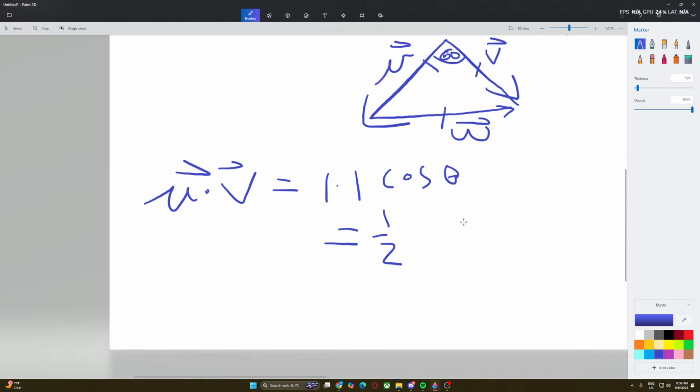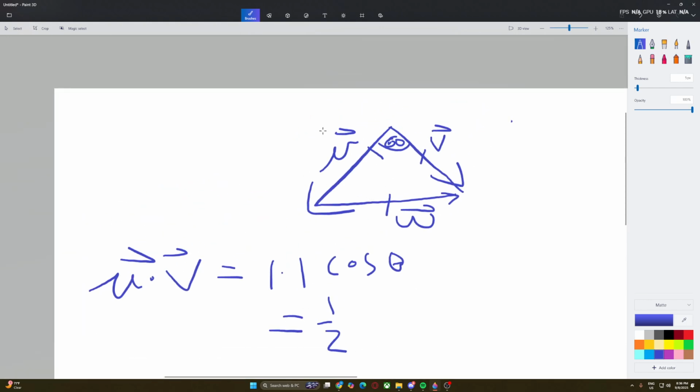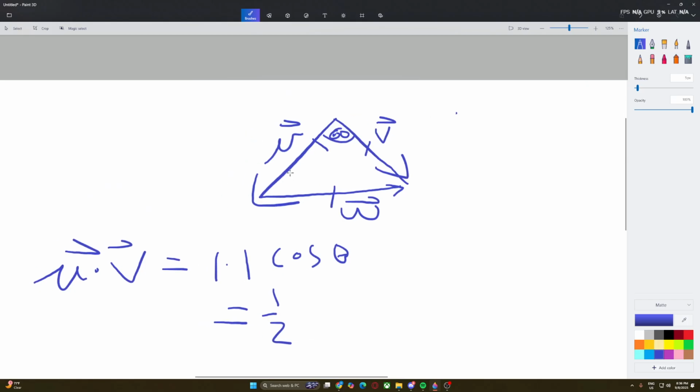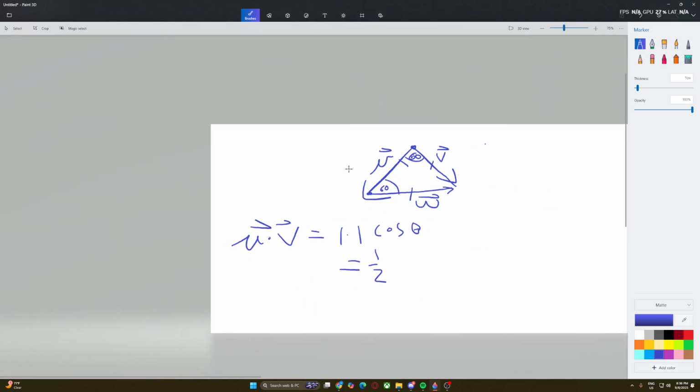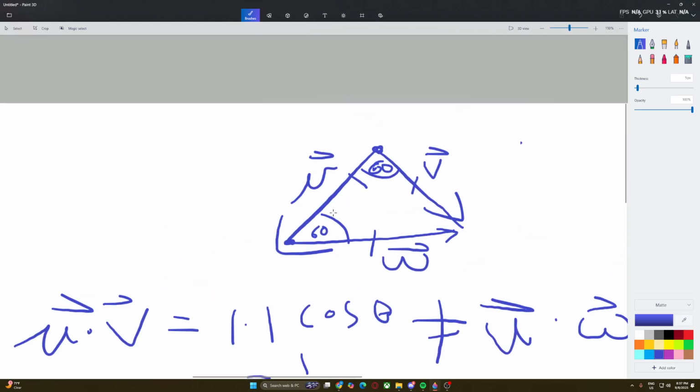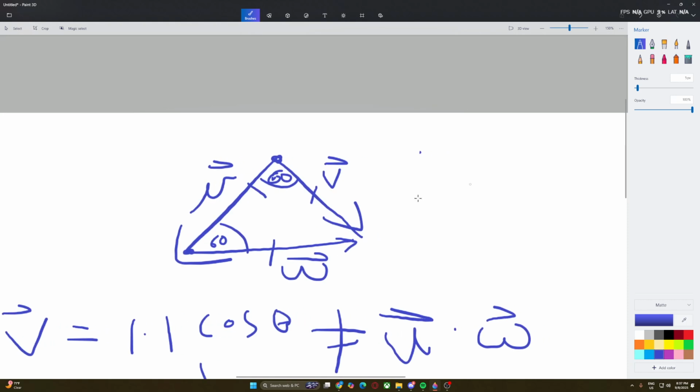Now for U and W, you might mistakenly say this is the angle right here. Let's emphasize that. You may make the mistake of saying that the dot products of UV and UW are the same, but they're not the same, because this angle is not the correct angle.